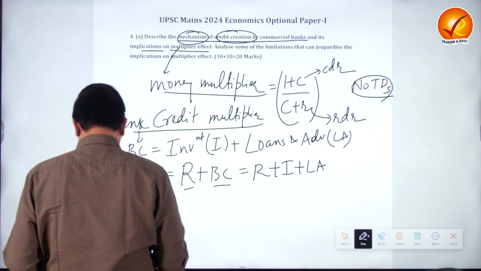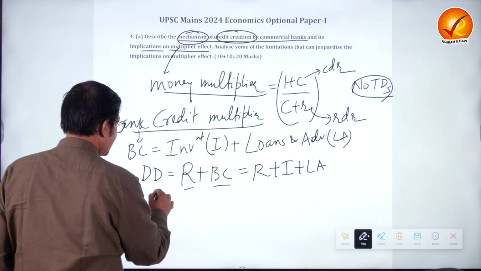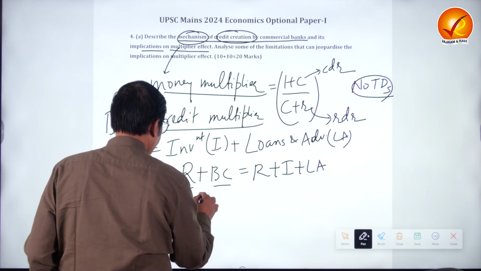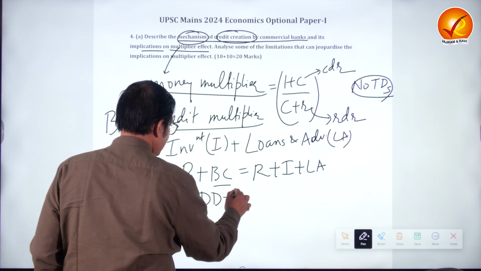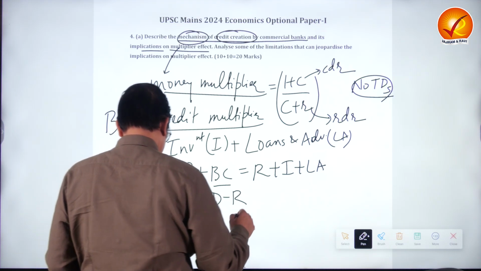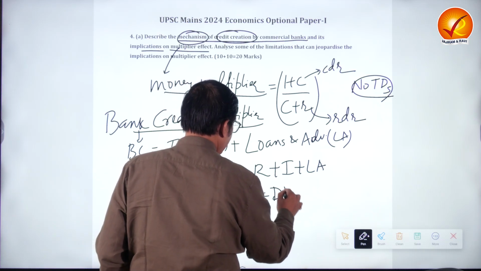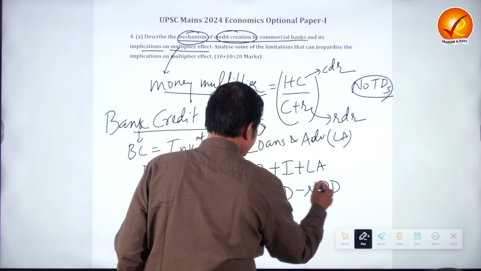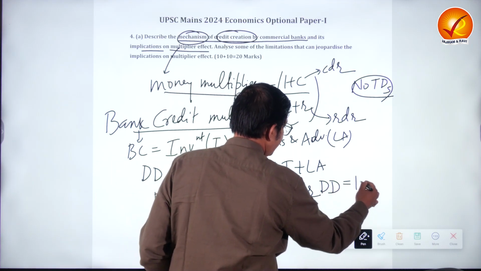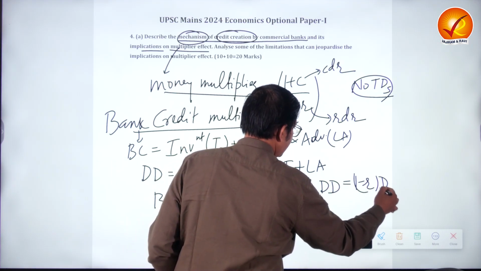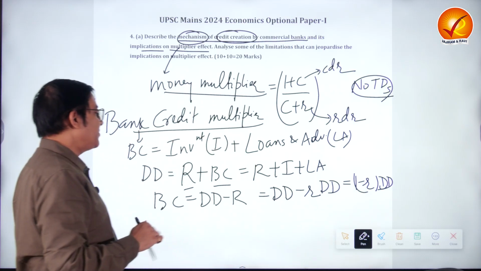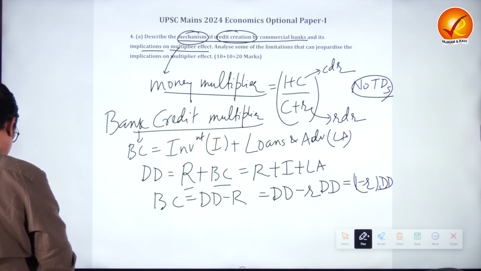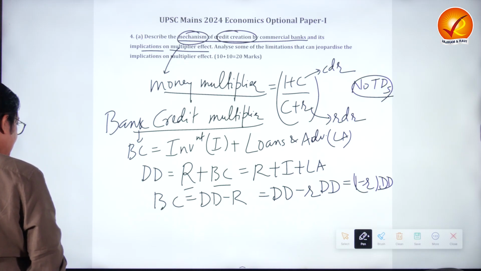Okay, and then from here you can write that BC is equal to DD minus R, which will be equal to DD minus small r into DD. Small r is the reserve deposit ratio, or 1 minus r into DD. Okay, this can be given as the bank credit, and this will give you finally the bank credit multiplier.